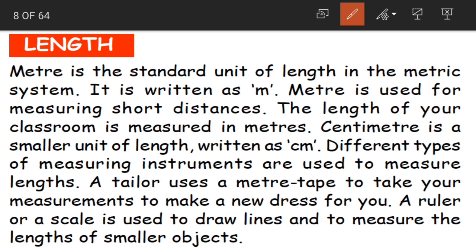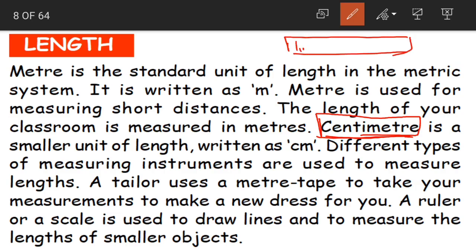Now, after meters we have our centimeter. Centimeter is a very familiar word for you, right children? Where do we have centimeters? We have centimeters on our scale, or you can call it a ruler.